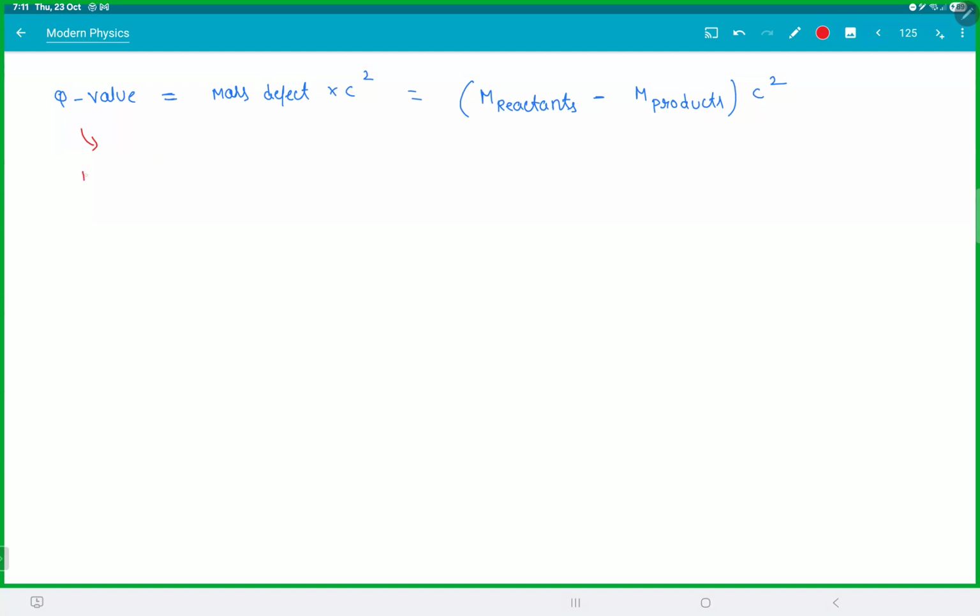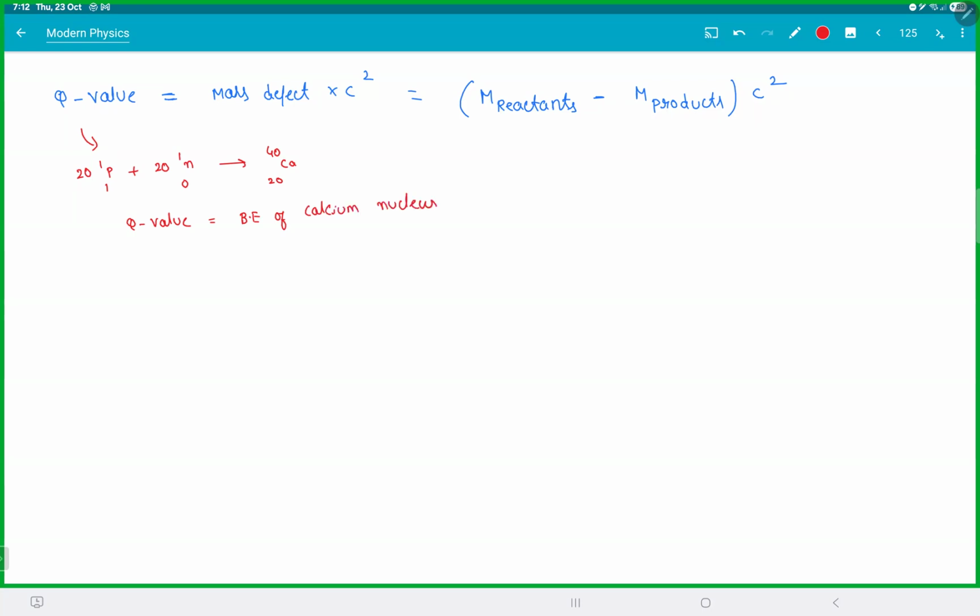Let's say we have 20 protons plus 20 neutrons will become calcium 40. So here the Q value is nothing but the binding energy. So technically both are the same. Q value is the binding energy of calcium.